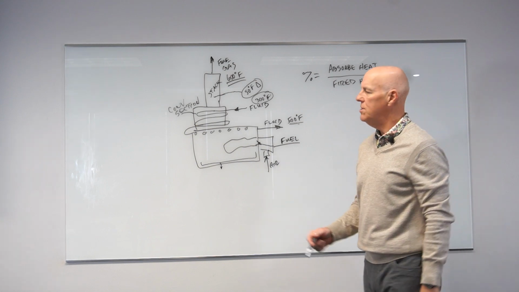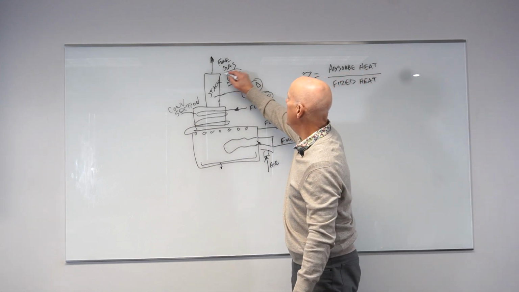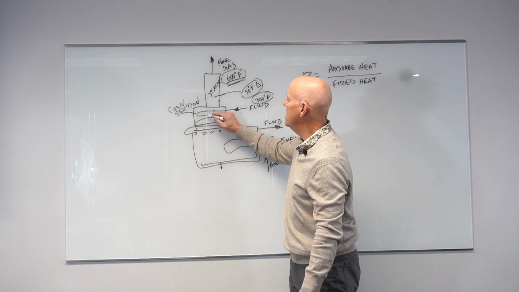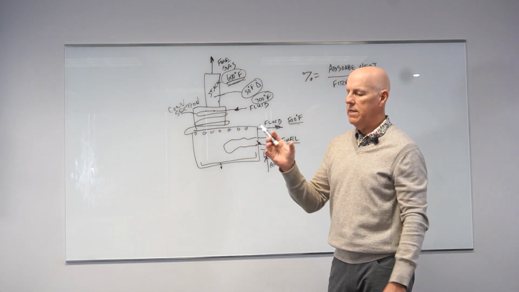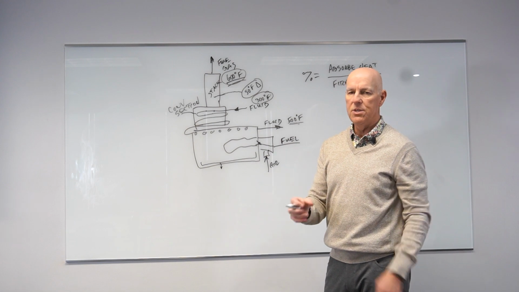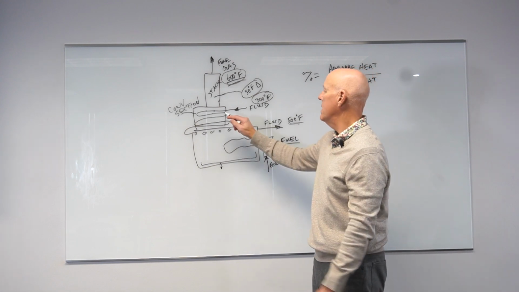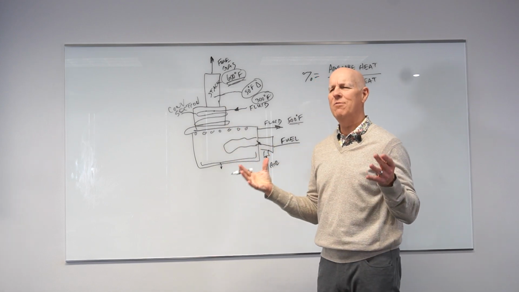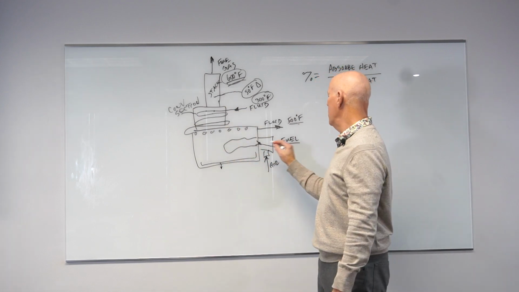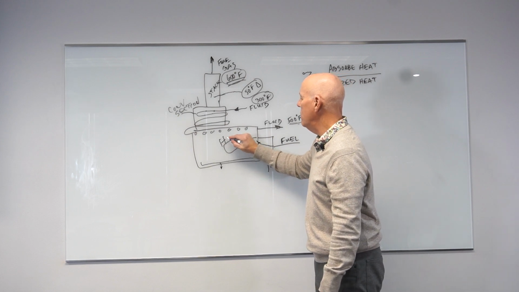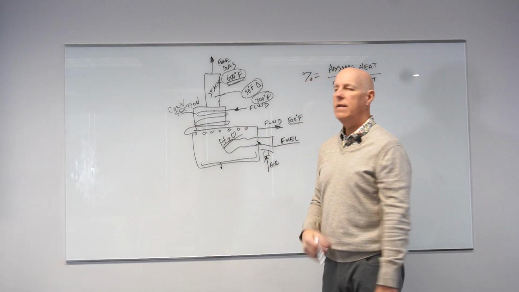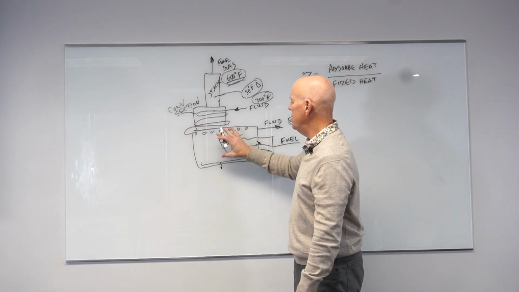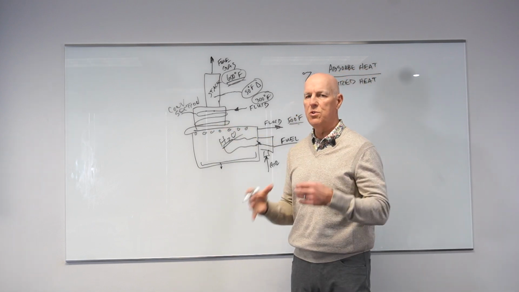The other thing is if I get too low here, I start having condensation on these tubes. Think of a can of Coke that's cold, and the condensation that forms on the can of Coke. The same thing can happen on this hot tube. You're thinking, how is that possible? Well, when you burn fuel, you make a lot of water, not in liquid form, but in vapor form, so this flue gas is super, super humid.